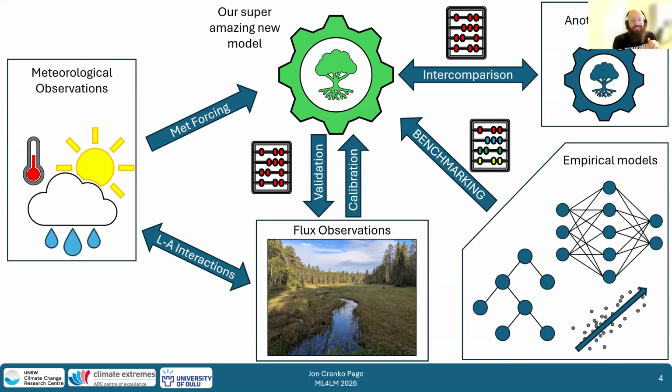So as I've tried to illustrate here with slightly different colors on my abacuses to indicate metrics, when you're benchmarking, you want to take a variety of different performance metrics. What was really cool about PLUMBER2 is we used some independent ones, which means that each one tells you something very different about the model performance.